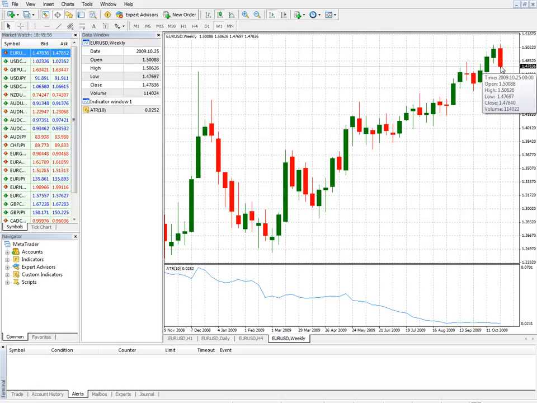Now let's take a look. Okay, we're on the weekly chart, and we're looking at the average true range. And as you can see over here, 0.0252. And if we look at that, that's 252 pips.